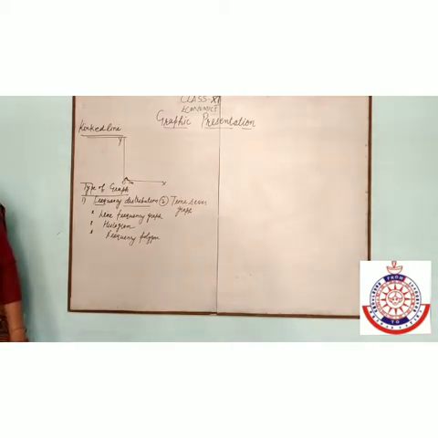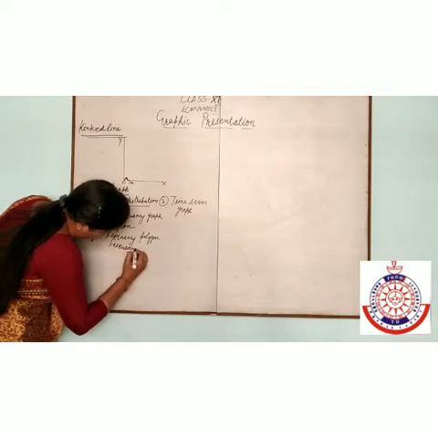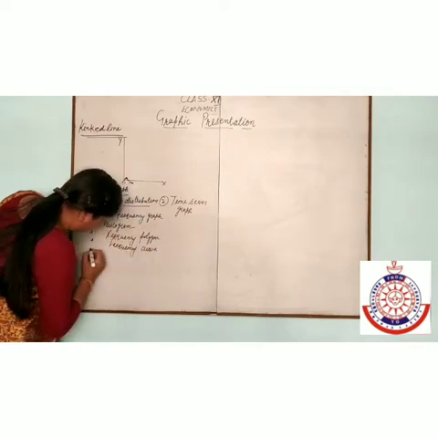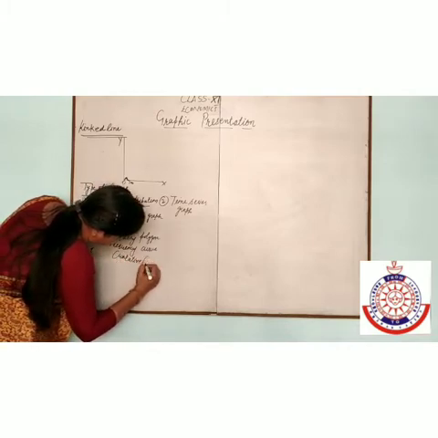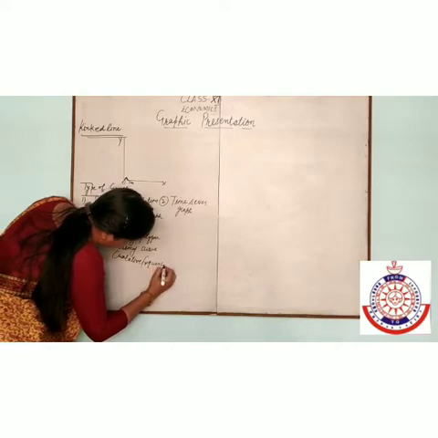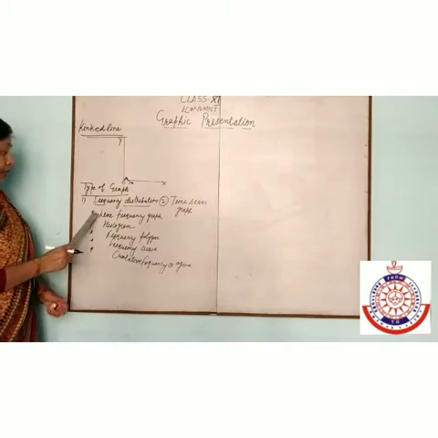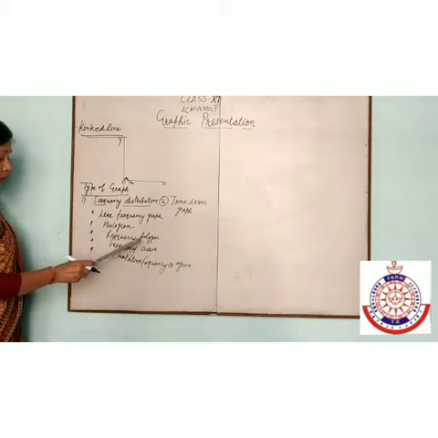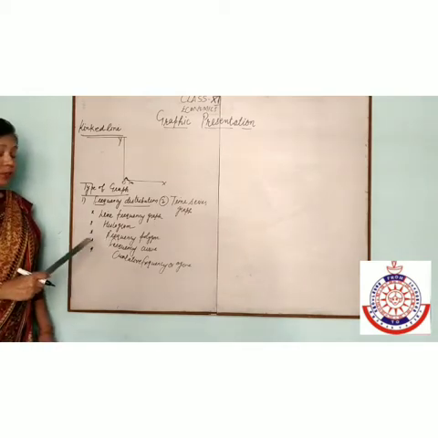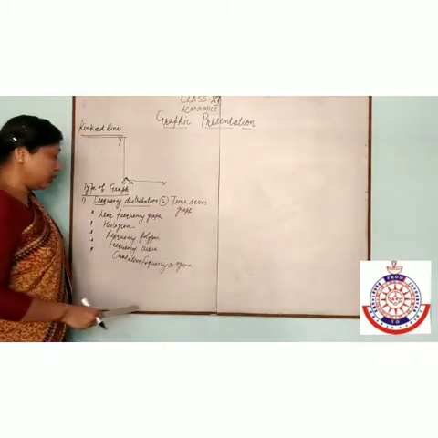Fourth is frequency curve. And fifth is cumulative frequency curve or ogive. These are all called frequency distribution graphs: line frequency graph, histogram, frequency polygon, frequency curve, and the cumulative frequency curve or ogive. One by one, we have to discuss all these things.